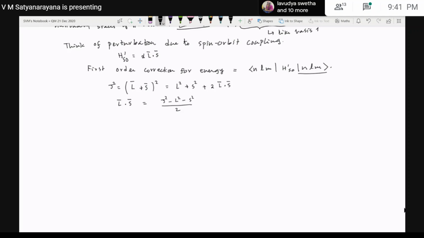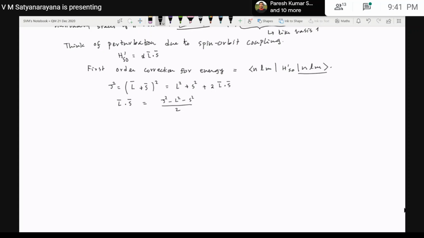So this is one application that I can immediately think of, and this spin orbit coupling is very important in nuclear physics. When you do the shell model, the spin orbit coupling is what gives rise to the correct energies and correct shifts in the energies, and the shell model is completely based on corrections due to spin orbit coupling.